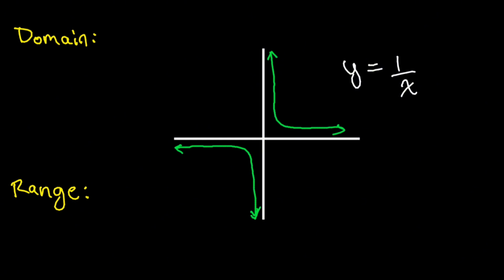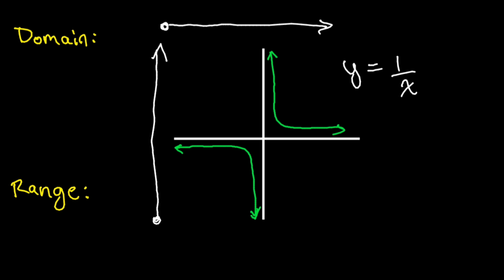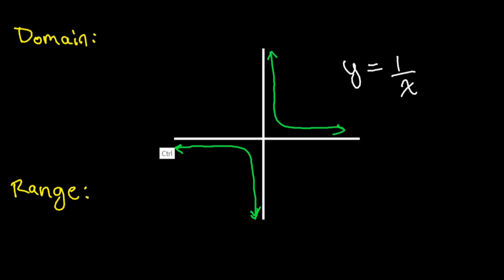Well, when we look at domain, we go from left to the right. And when we look at range, we go from bottom to top. Okay? So, coming from this way, we can see that x comes from negative infinity.